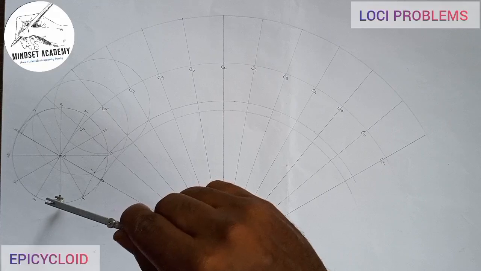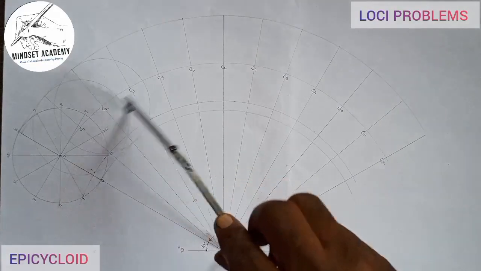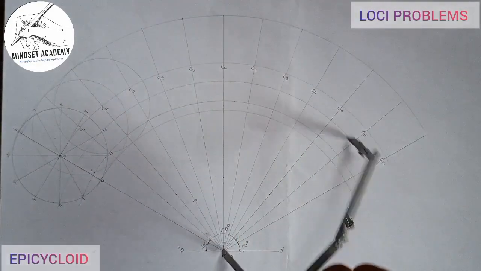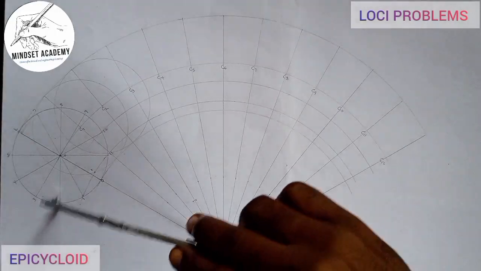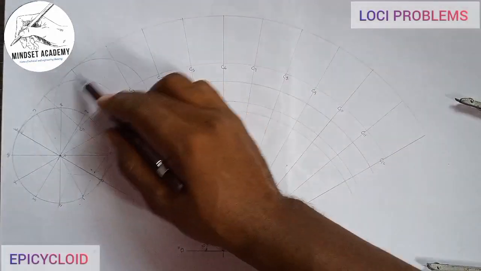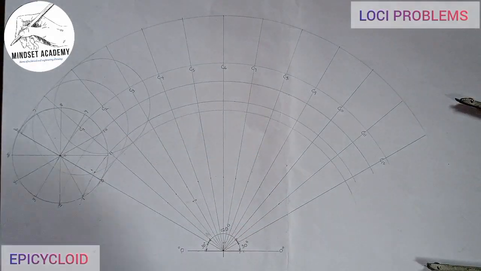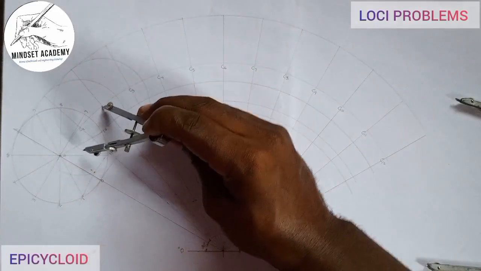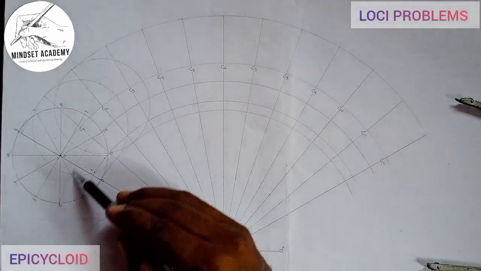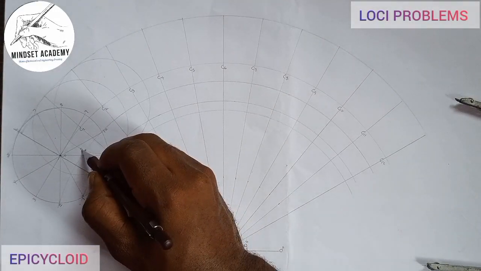You can see that this is point 2. This is circle 2 here. If I place the compass at the center of circle 2, where is it meeting? It's meeting at this point here. That is line 2, so line 2 meets circle 2 at this point. So I'll call it my point 2.